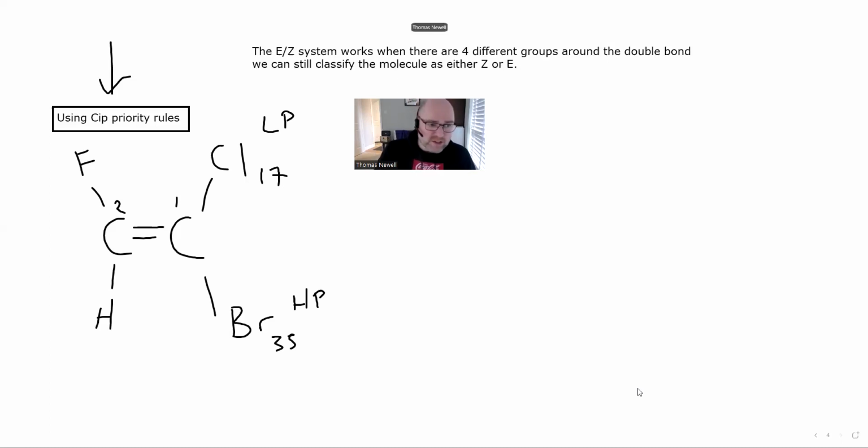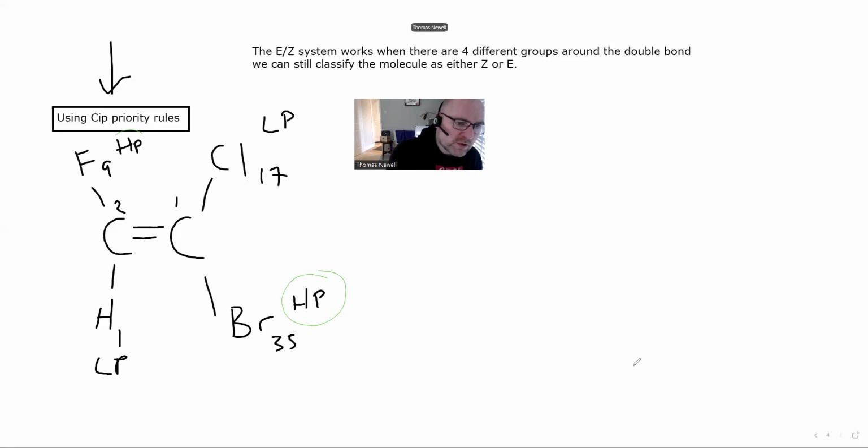Let's go to carbon number 2. Hydrogen has an atomic number of 1, and fluorine has an atomic number of 9. So we're going to label the high priority one and the low priority one. And this time, fluorine is high priority as its atomic number is bigger than hydrogen's, which we give low priority.